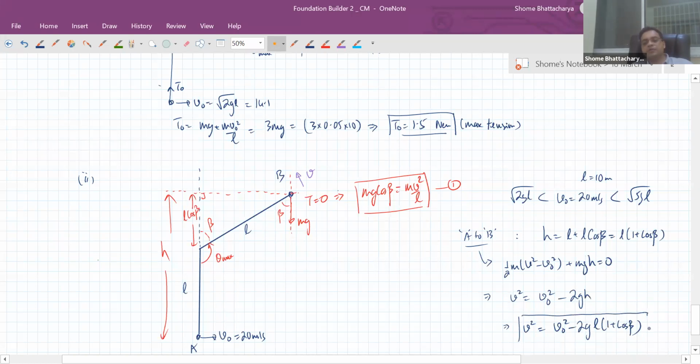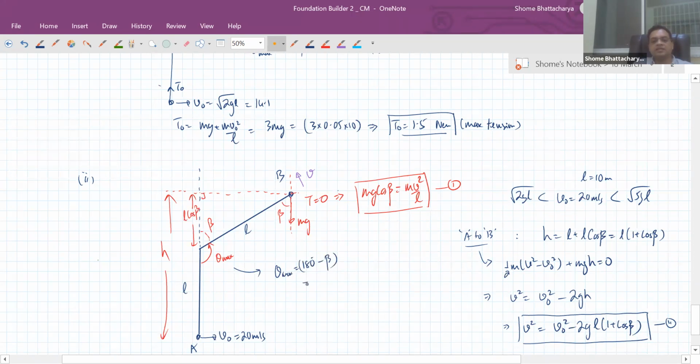So this is my second equation. Now by solving equations 1 and 2 only, we will get the value of this cos beta. And from that we will know the angular displacement. The theta max is 180 degrees minus beta.